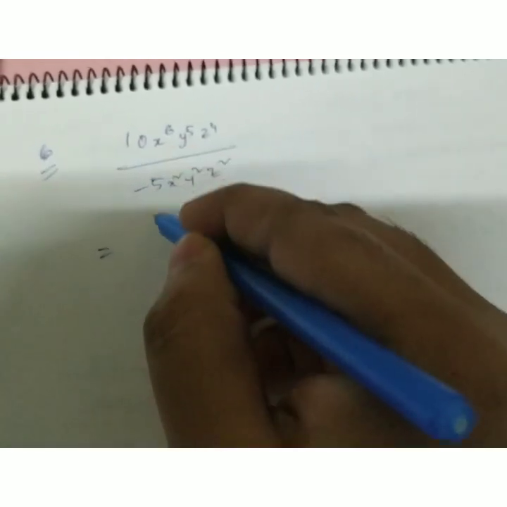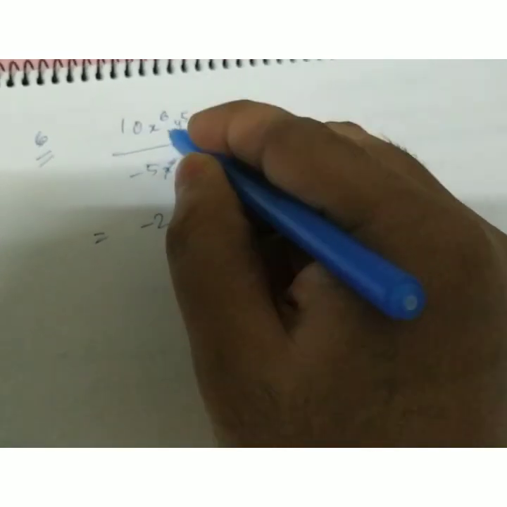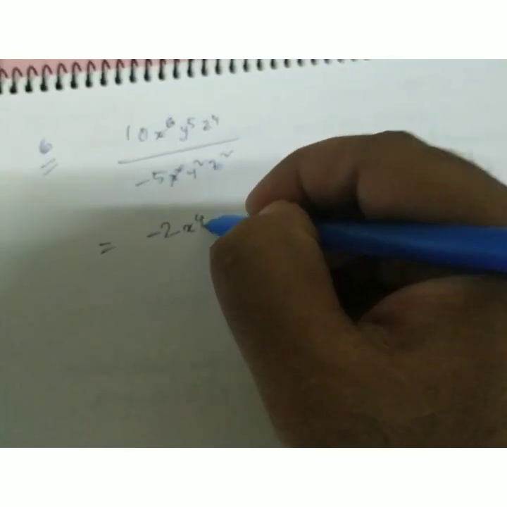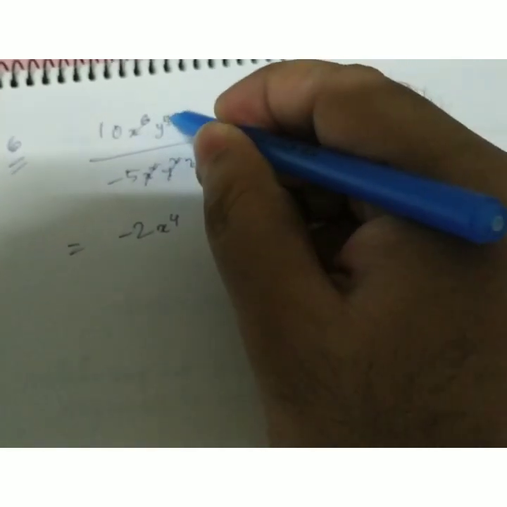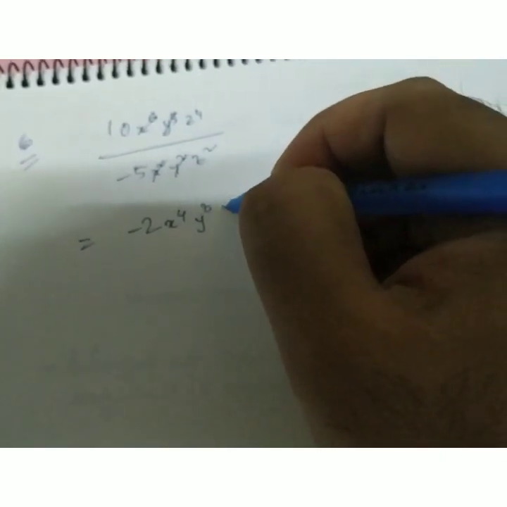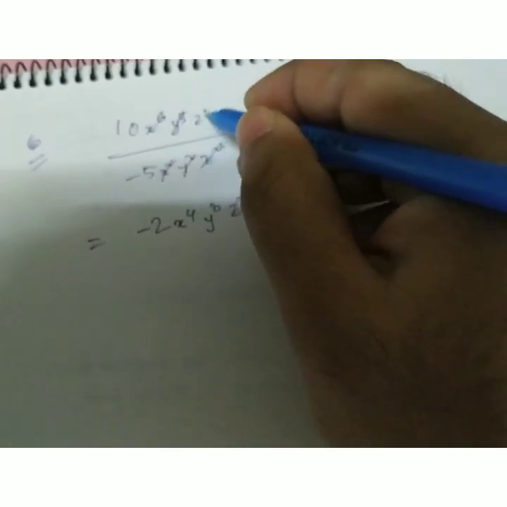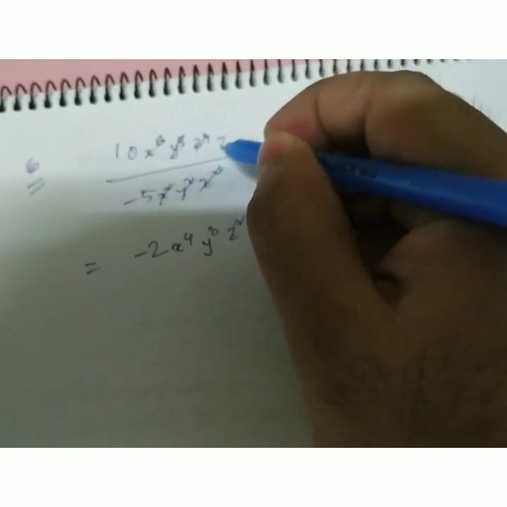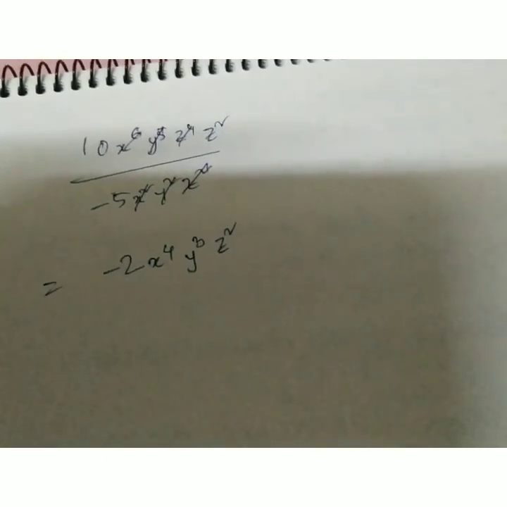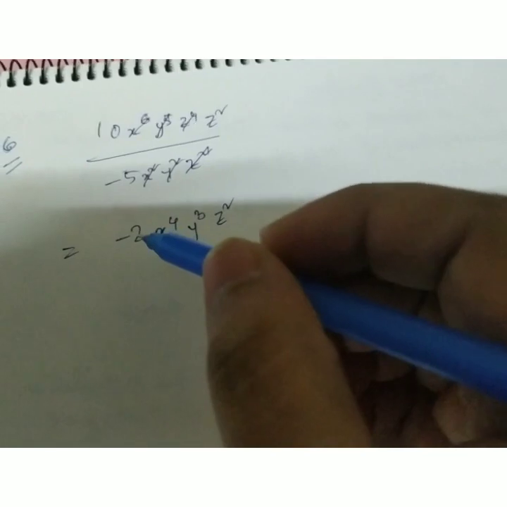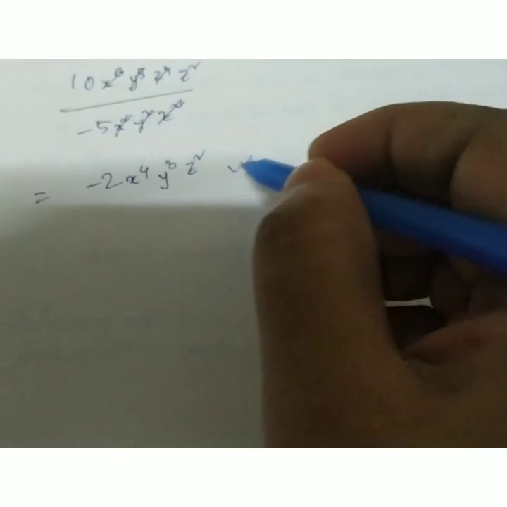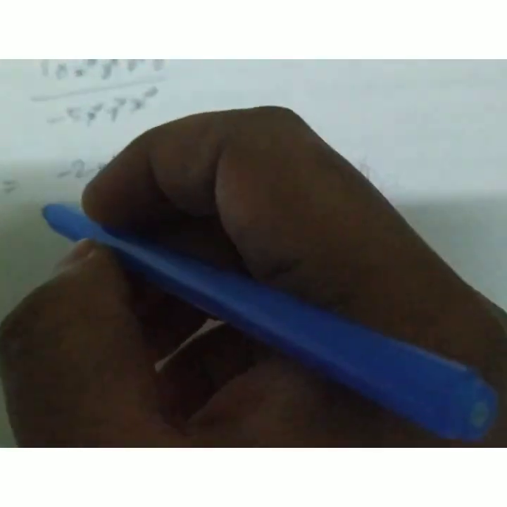So it's very easy. 10 divided by minus 5 is minus 2, x^2 into x^6, so 6 minus 2 is 4, then y^2 into y^5, so it becomes y^3, z^2 into z^4 becomes z^2. So it's just normal subtraction, right? It's just the normal way of division. So this will be the answer, which is actually part B.